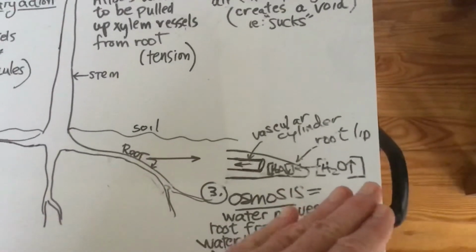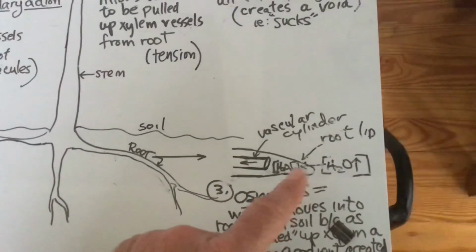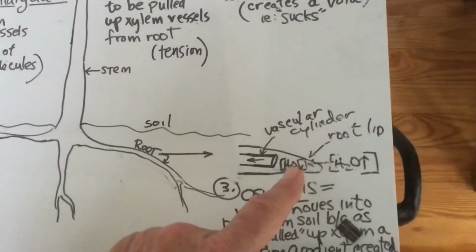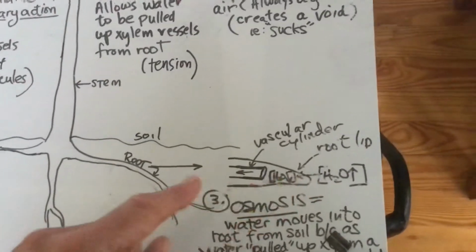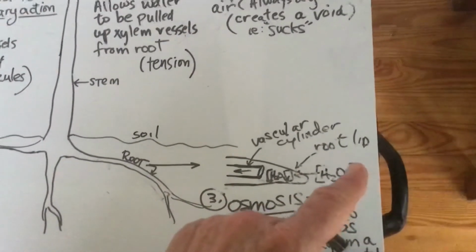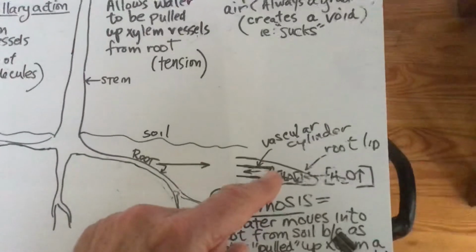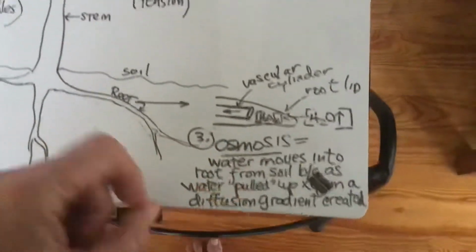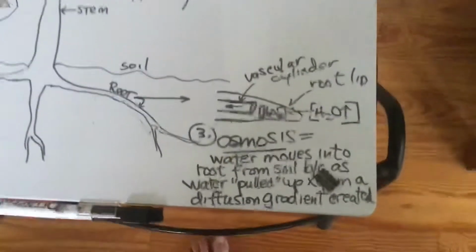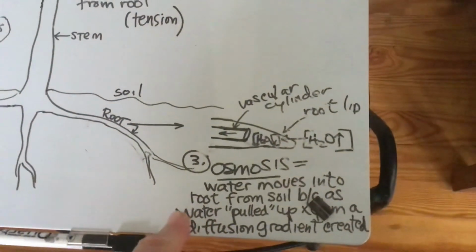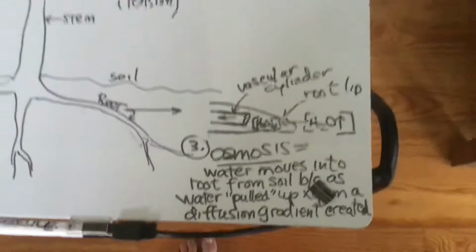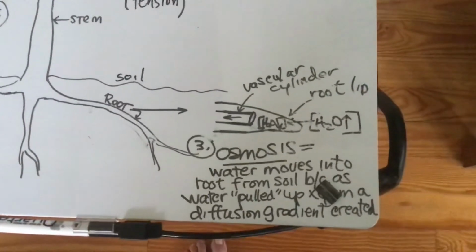It doesn't even have to be a lot of water, because what's created here is basically a vacuum with that suction process. So as the water is being sucked up, the water from the soil will move in, because there's a diffusion gradient, and this of course is called osmosis, because water is moving from a high concentration to a low concentration. So it's a diffusion process, but specifically we're talking about water.